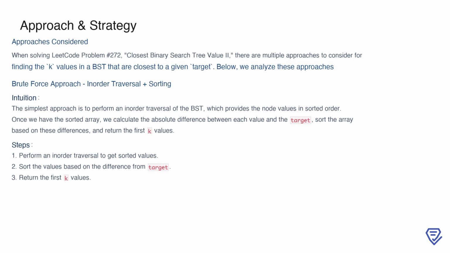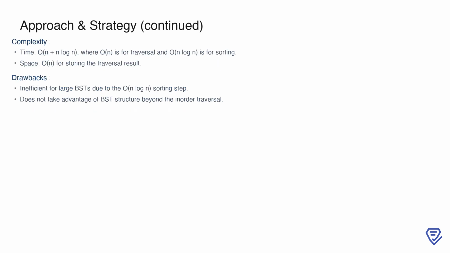While this method is straightforward and easy to implement, it relies heavily on sorting, which can be computationally expensive for larger trees. Analyzing the brute force approach further, we can see that its time complexity is O(n) plus O(n log n). The O(n) comes from the inorder traversal, and the O(n log n) comes from sorting the values based on their difference from the target.